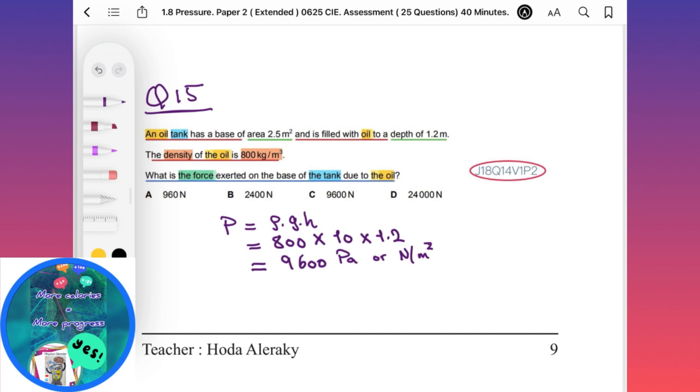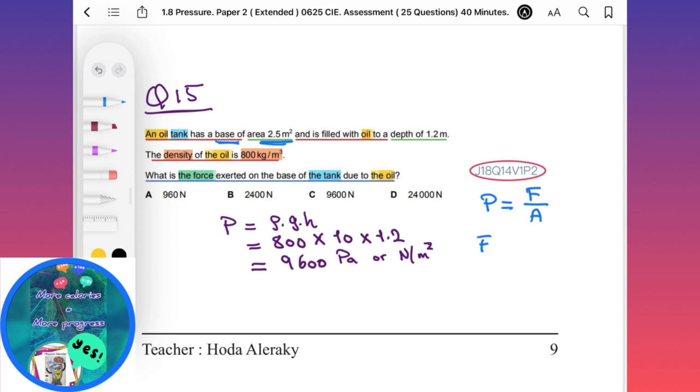Back to the equation relating force, pressure, and base area. Pressure is equal to exerted force divided by base area. Rearrange.